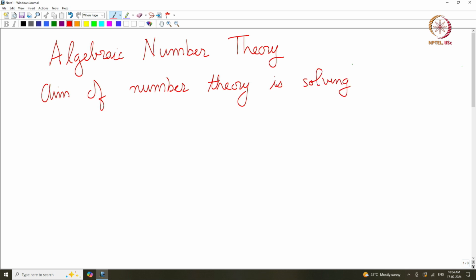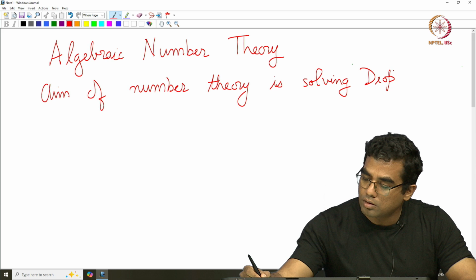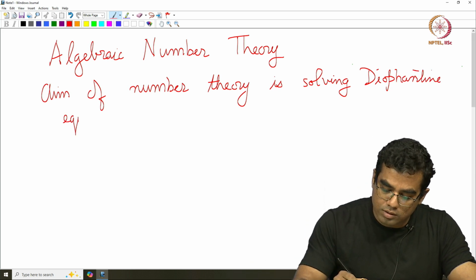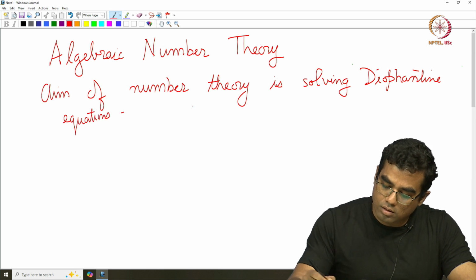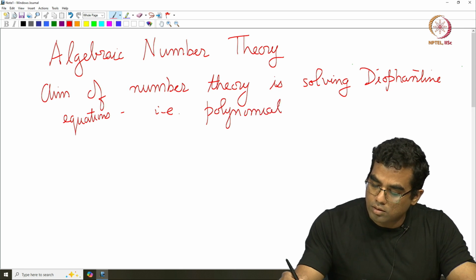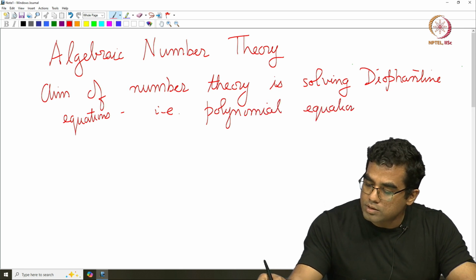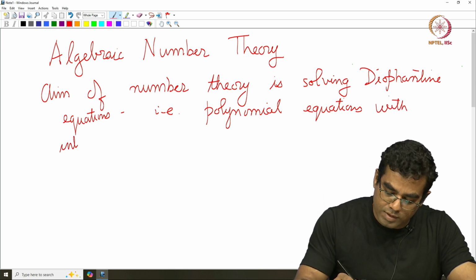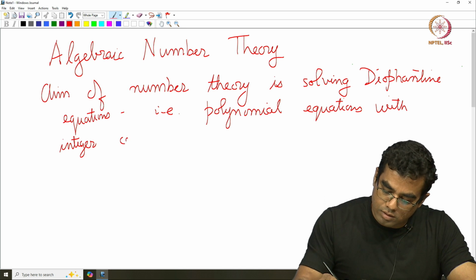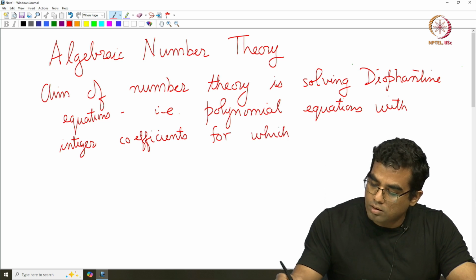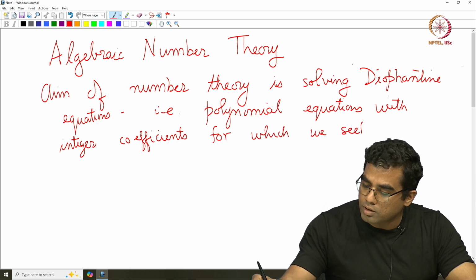If you have not seen what Diophantine equations are, these are polynomial equations in one or several variables with integer coefficients or sometimes rational coefficients, for which we seek rational or integer solutions.